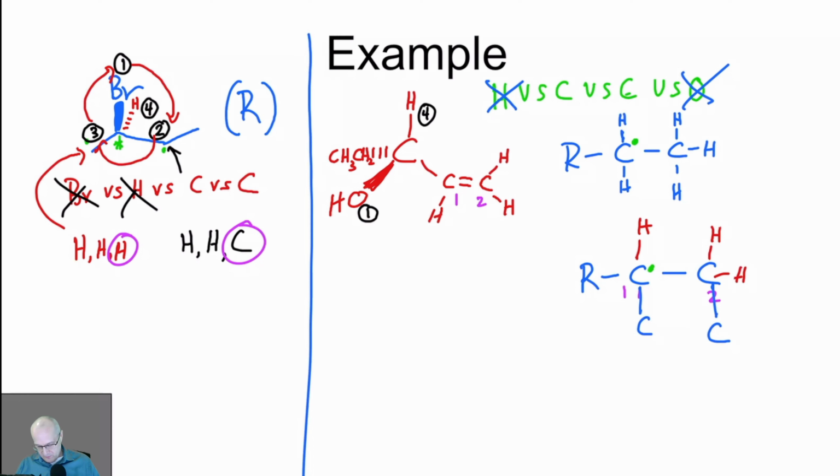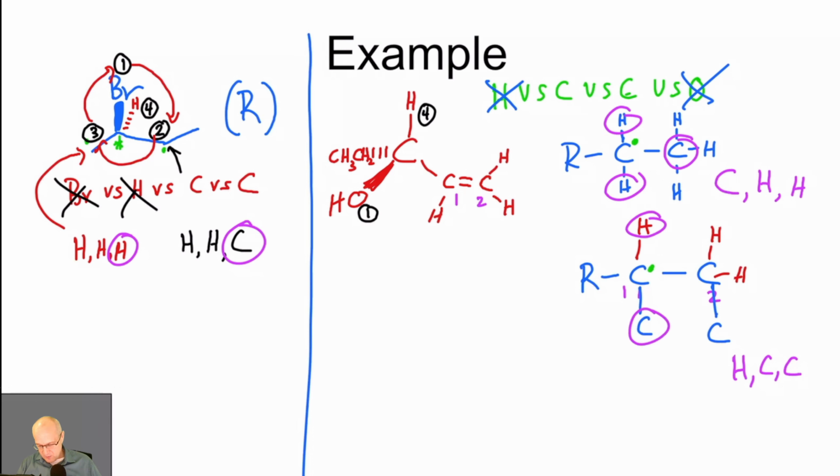So now, from this particular carbon, we can jump out to carbon or hydrogen or hydrogen. Let me circle them. This one, or that one. Those are the atoms we can jump out to. From here, we can jump out to carbon, to hydrogen, or to carbon again. Hydrogen, carbon, carbon. So let's circle those.